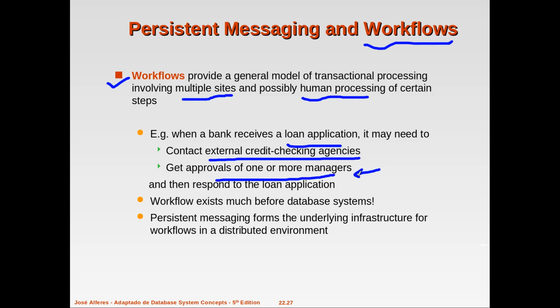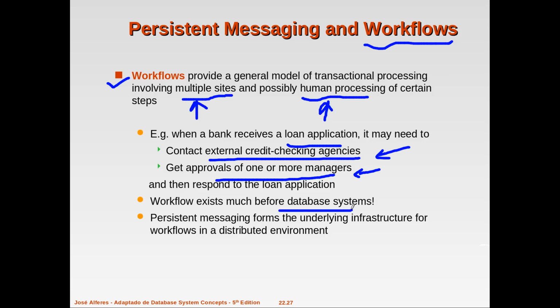Sometimes this checking is done manually. So in response to a loan application, several activities happen. Some are between sites, and some are done manually. That is human processing and interaction between multiple sites. Workflows existed before the invention of database systems themselves.